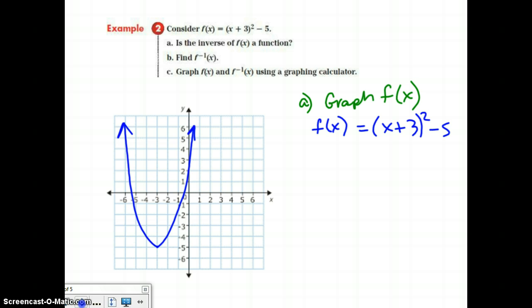So I have a parabola, and you can see that if I drew horizontal lines through this, it would not pass the horizontal line test. So we would say that f inverse x is not a function.